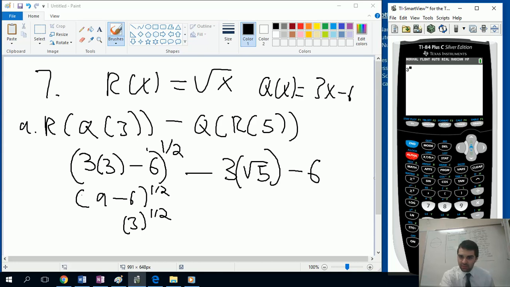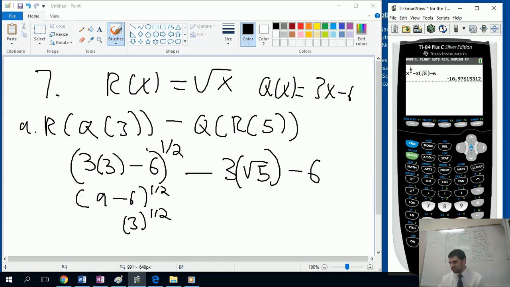It's 3 to the 1/2 power, same thing as taking the square root of 3. 3 to the 1/2 power minus 3 times the square root of 5 minus 6. Plugged it in.